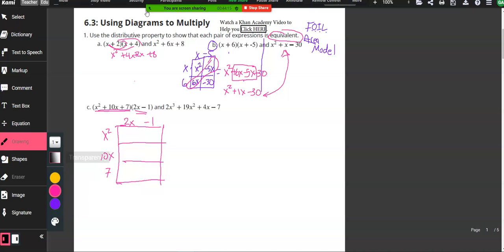And you do exactly what we did here. You fill out all of these boxes, and then you combine like terms, and this polynomial should be your answer. You just got to confirm that with this process right here.